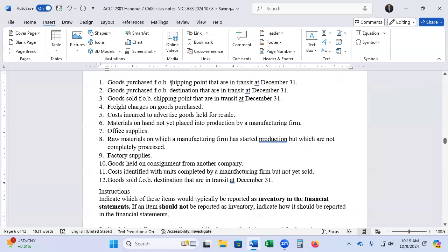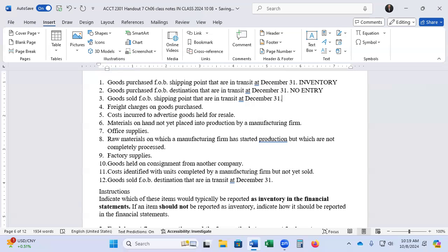Goods purchased FOB shipping point that are in transit. So this is going to be part of our inventory. Goods purchased FOB destination that are in transit, December 31st. This is no entry. These are excluded from inventory, because they won't arrive until after the inventory date.